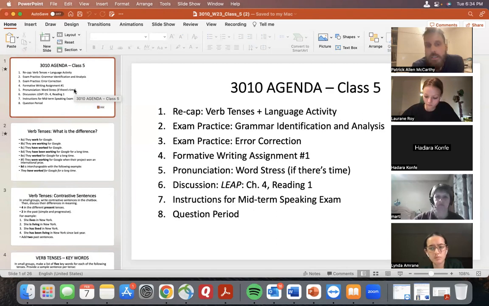Formal writing, the formative writing number 1, you're supposed to have it already up. In a beautiful world, I was supposed to have it corrected today, but the world's not perfect. I didn't get it done.